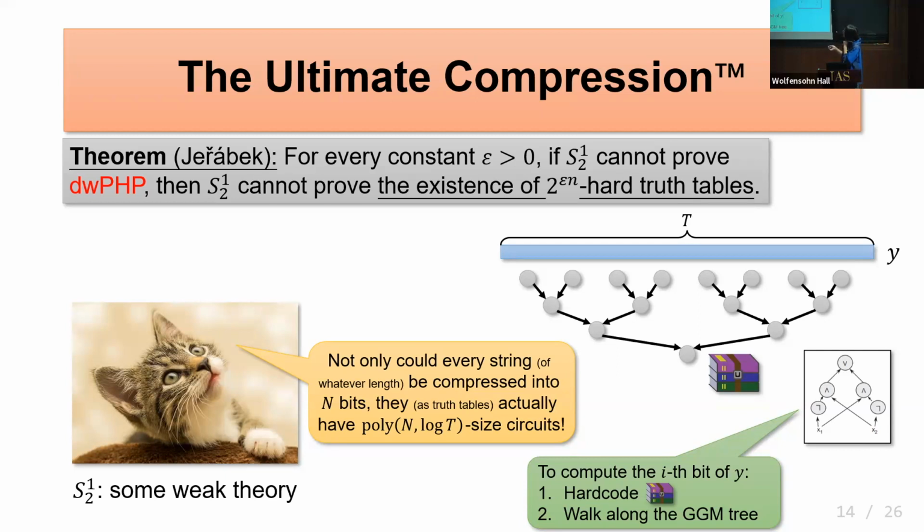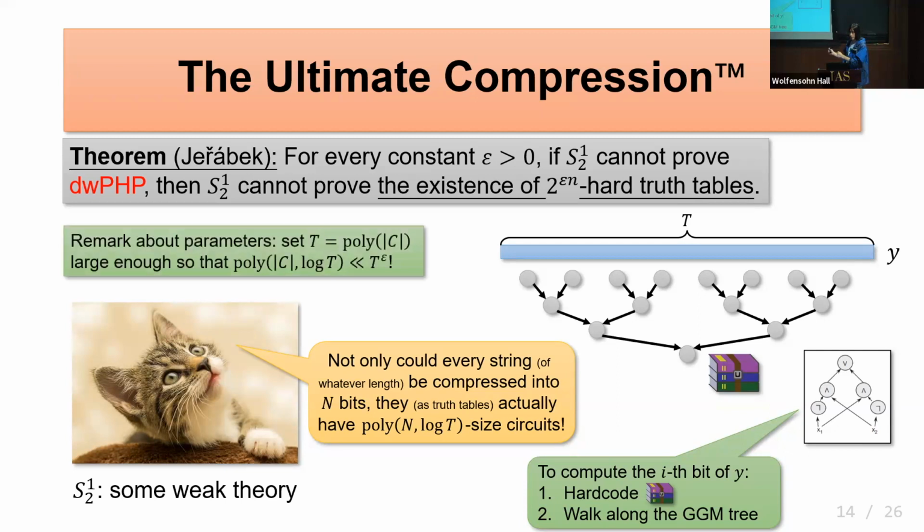But if you look at this theorem contrapositively, then if I have a hard truth table, I can use it to prove the dual weak pigeonhole principle. Oh, I forgot about some remark about parameters. If you care about circuit size for fixed epsilon, then you just set the truth table length to be a large enough polynomial over the size of the circuit, then we are fine.